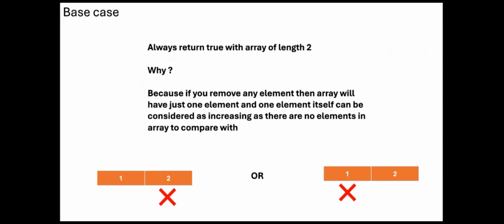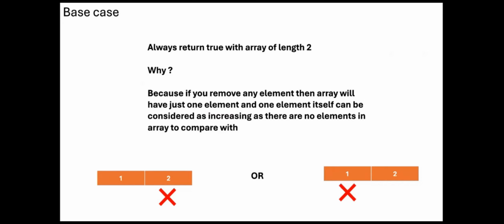So let's understand the base case here. Every coding question will have a base case. During an interview, you need to clarify with the interviewer what the base case is, so that you can handle those cases quickly, where you directly send the output, whether true or false. Here in this problem, you always return true for an array of length 2.